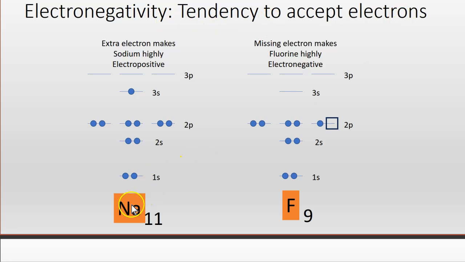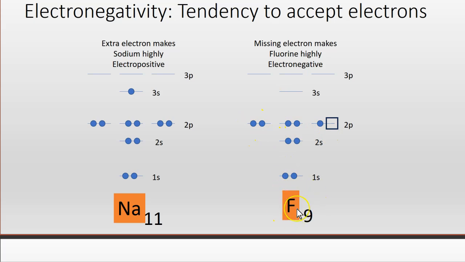Let's take the example of sodium and fluorine. Sodium, with an atomic number 11, has an electronic structure with filled shells up to 2p, but then an unfilled shell, 3s, with only a single electron in the 3s shell. This atom would be stabilized to form an ion by losing this electron.